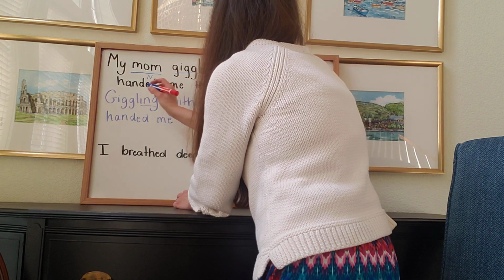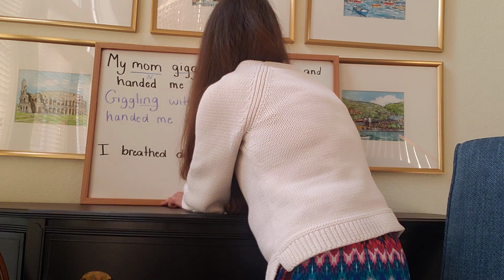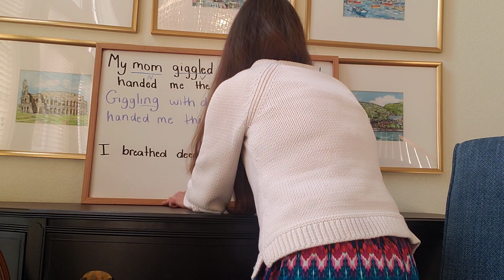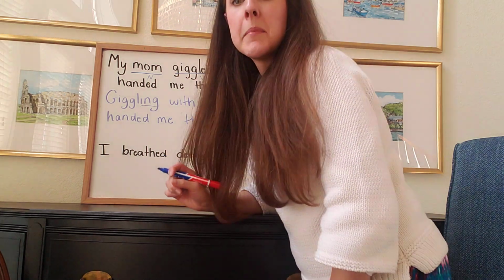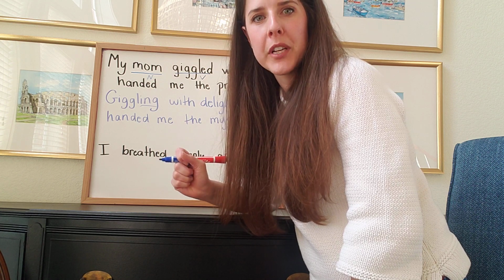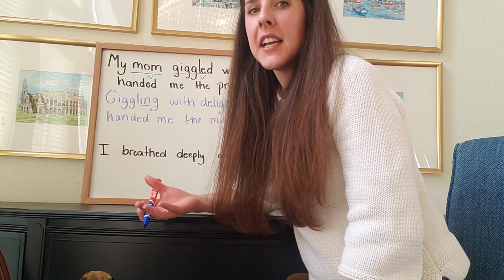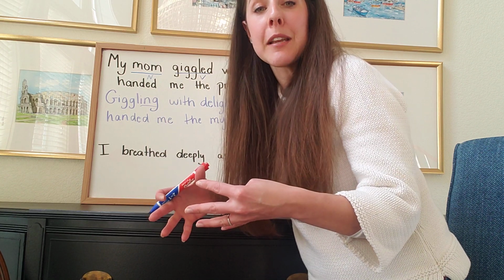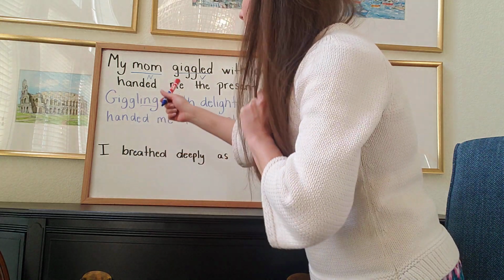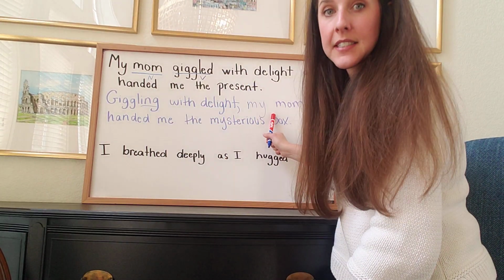I'm going to say, handed me the mysterious box. Then as my narrative keeps going, I'm going to reveal to the reader that it's a present and there's something really exciting and meaningful inside the gift as I slowly, in my main event, unwrap it in slow motion. Started with the verb, the noun comes next.